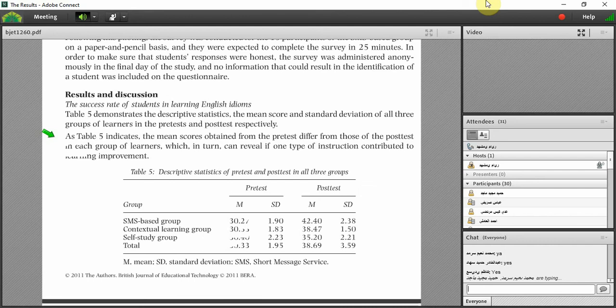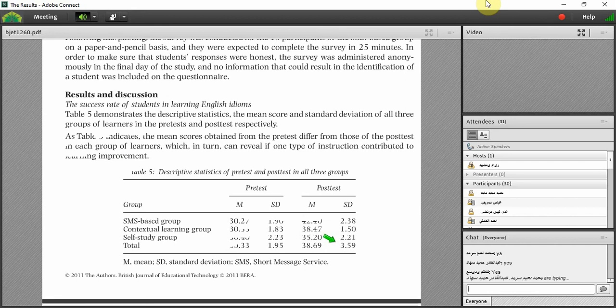As Table 5 indicates, the mean scores obtained from the pre-test differ from those of the post-test in each group of learners. My dear students, this is Table 5. Did you understand this relationship? Definitely not. These are all numbers.